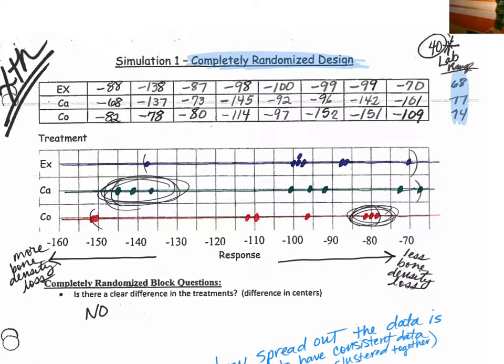So I took the highest value and I subtracted the lower value. For example, in the top case, the highest value was -70, and I subtracted away -138 to see that the range was 68 points. So these numbers were in the high 60s and in the 70s. That was the range. So they're quite spread out, because as we go into other treatments, you might see a difference.